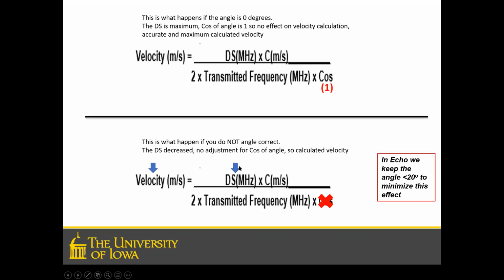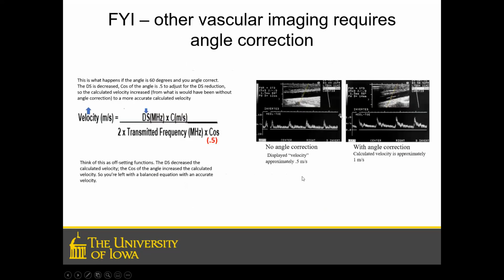You get less Doppler shift because you're at 30 degrees. You don't tell the instrument that you're at 30 degrees because we don't angle correct in cardiac imaging. So this reduced Doppler shift is going to result in a velocity that is slightly less than what it should be. So any angle that you have that is more than 0 is going to result in a slight decrease in your calculated velocity that you're measuring.